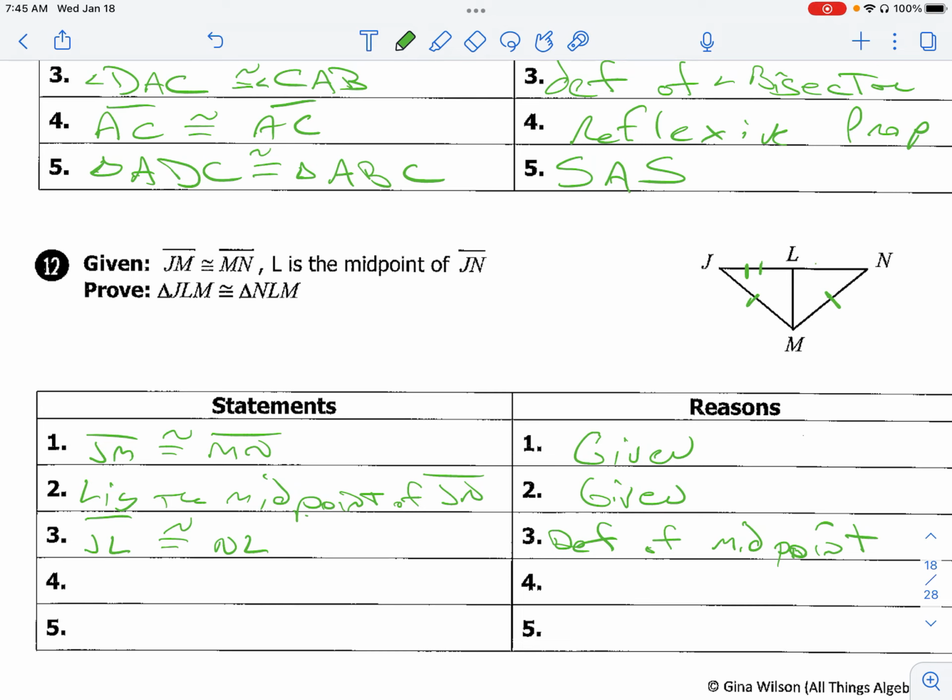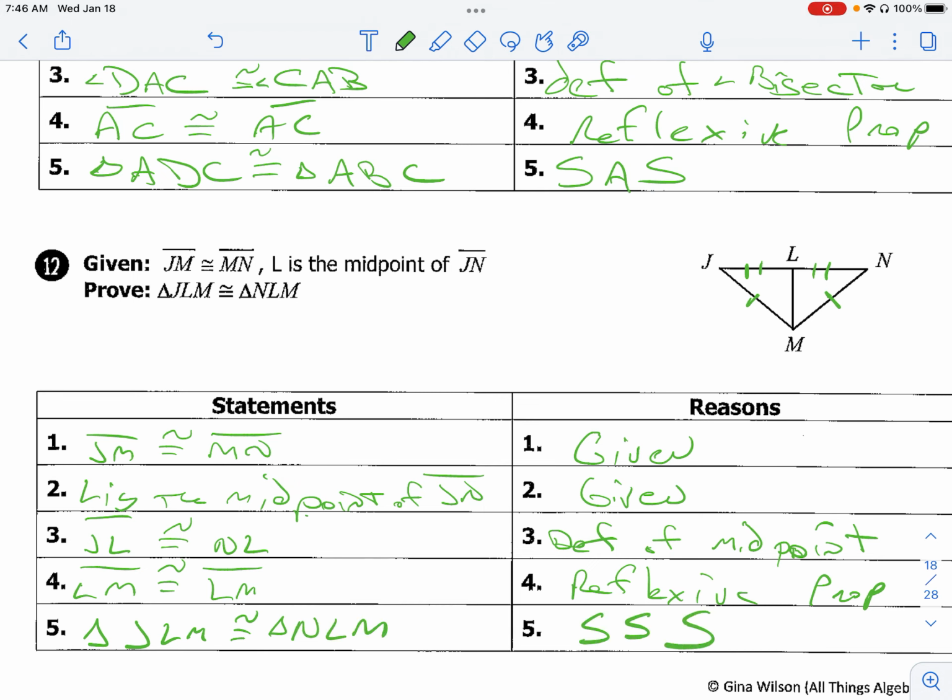So these two will be congruent. And I think you can see where we're going here. LM is congruent to LM because of the reflexive property. And triangle JLM is congruent to triangle NLM because of side, side, side.